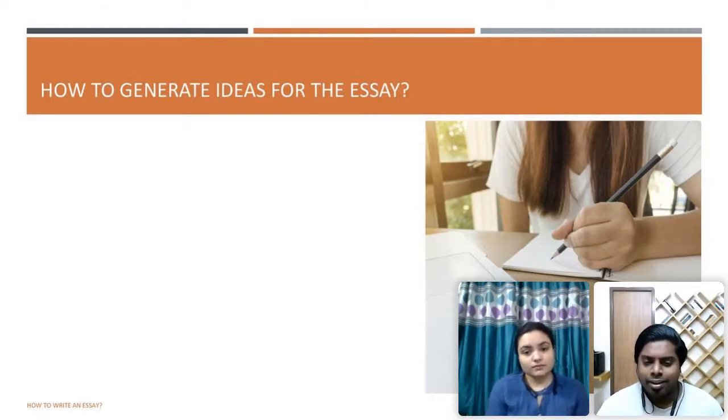I think that is where I start. Very good. What about any reading material you might have come across? Yes, ma'am. That too. I use that as well. And now that you point it out, yes. Let's have a look at different sources from where we can generate ideas to write an essay.